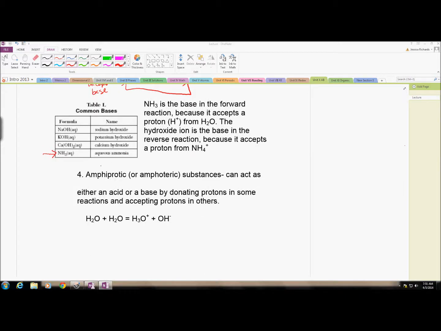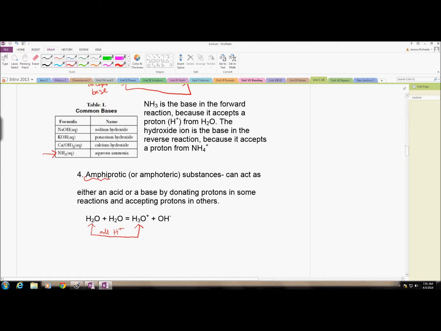The last thing we need to talk about is amphiprotic or amphoteric substances. Just like amphibians that had two forms, this amphi prefix means that these substances have two forms. They're things that can be both an acid or a base if we use the Bronsted-Lowry definition. There are a number of substances that can do this, but the only one you really need to worry about is water. So if we look at this first water, for example, it's H2O, it turns into H3O+. How do you go from H2 to H3? You have to add an H+.